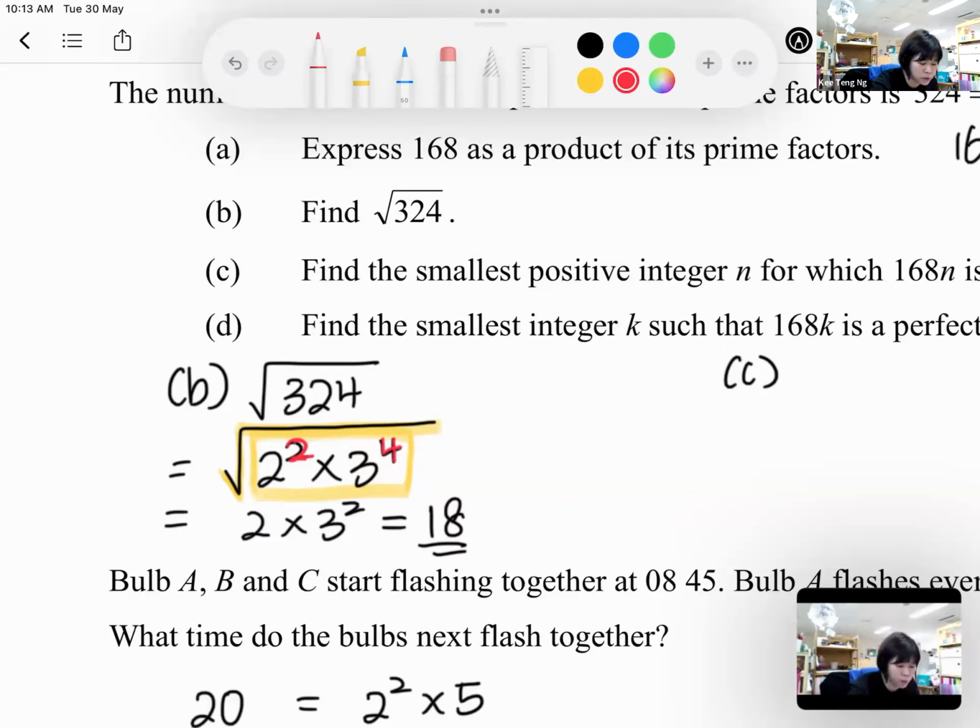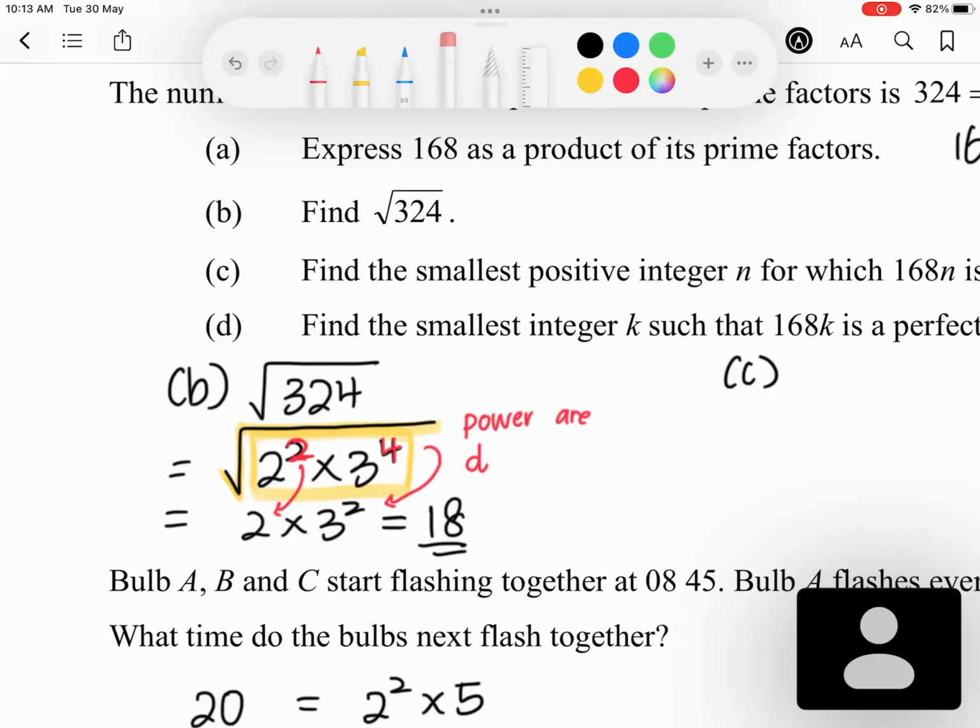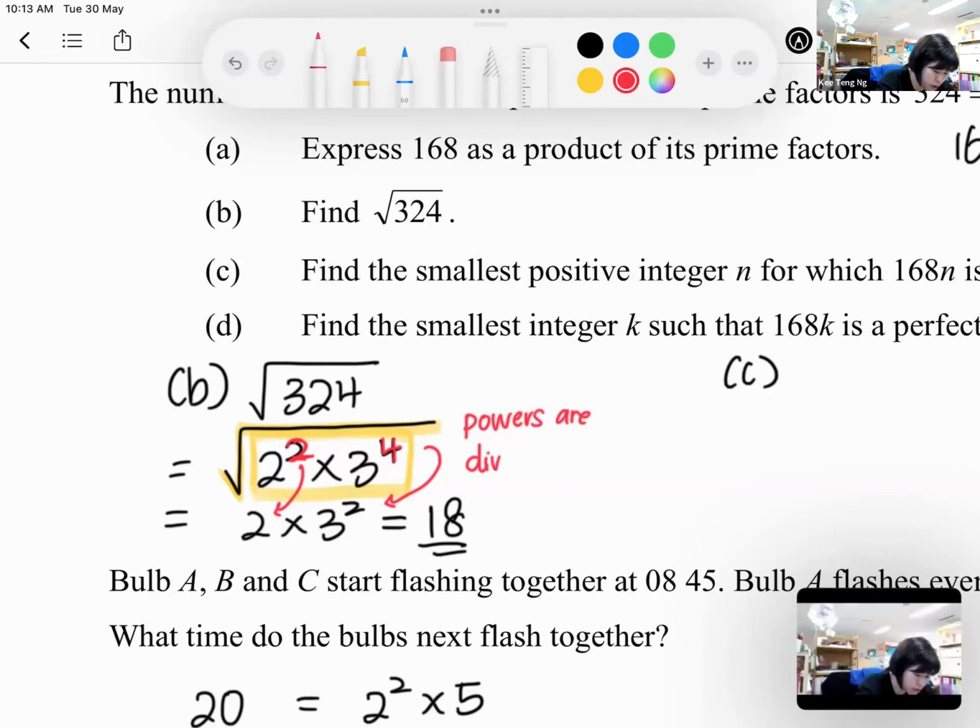When we take square root, what happens to the power? Starts with D. Divided. Yes, thank you. Divided by 2. So when you take square root, the powers are divided by 2.